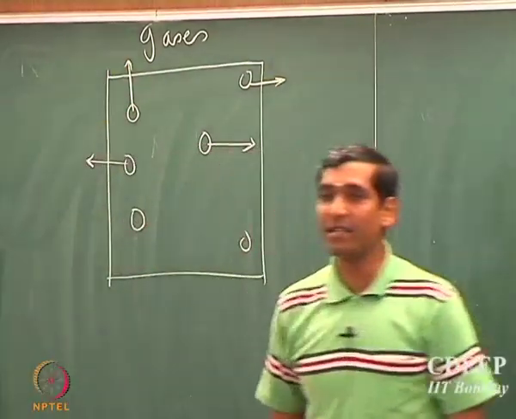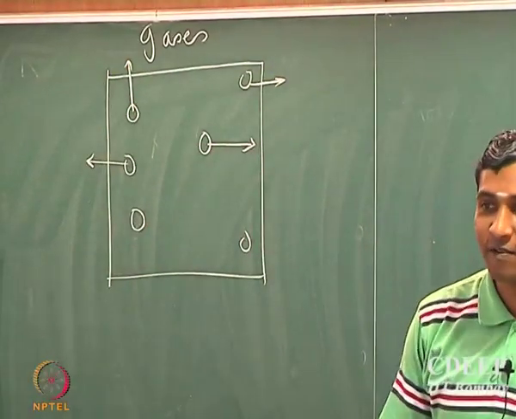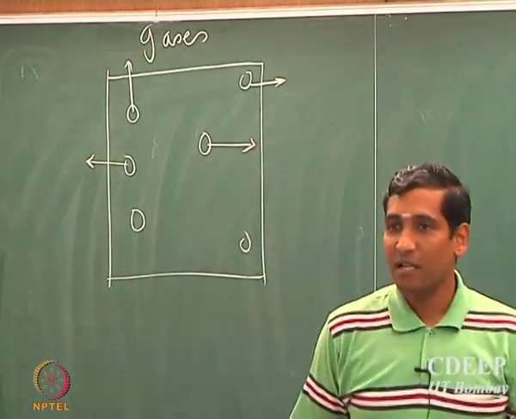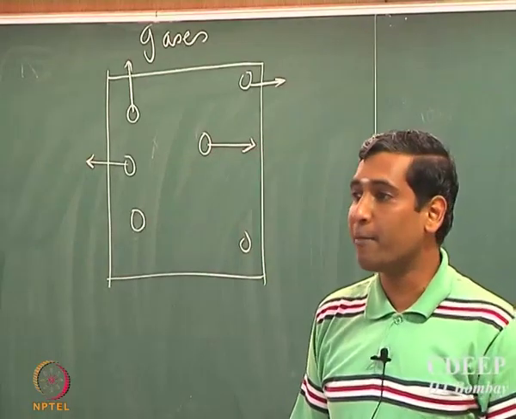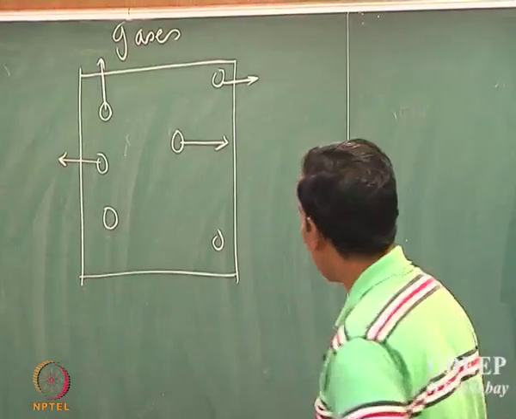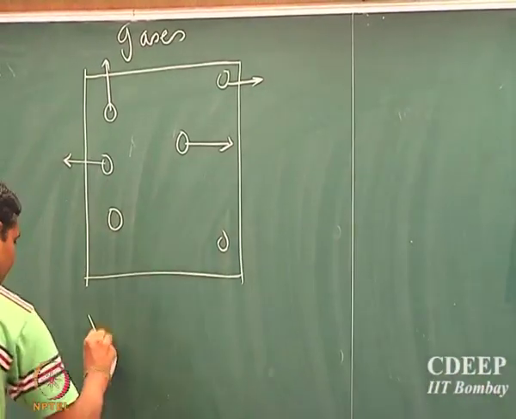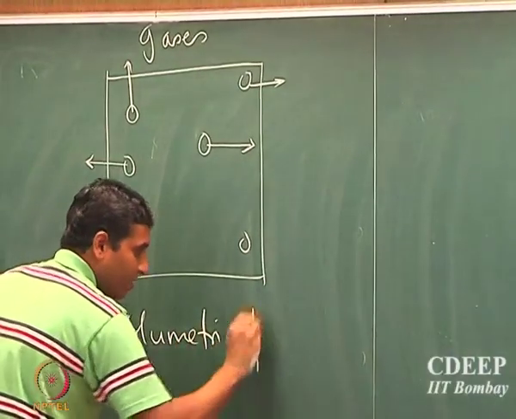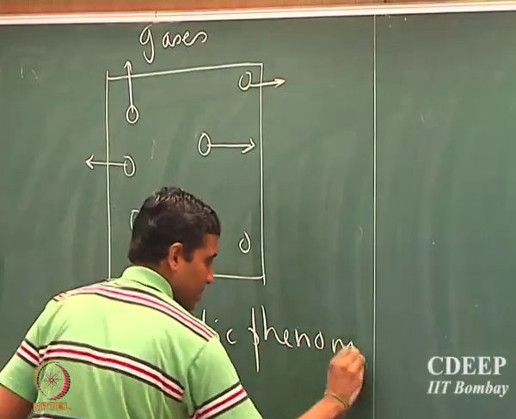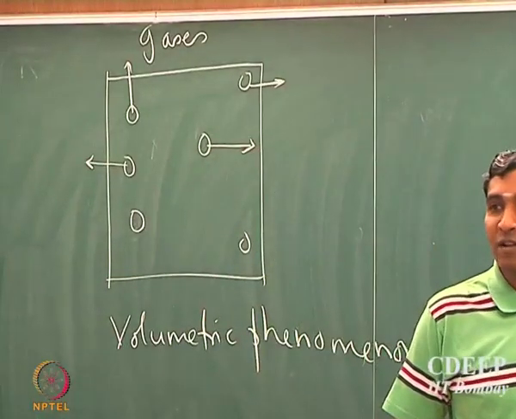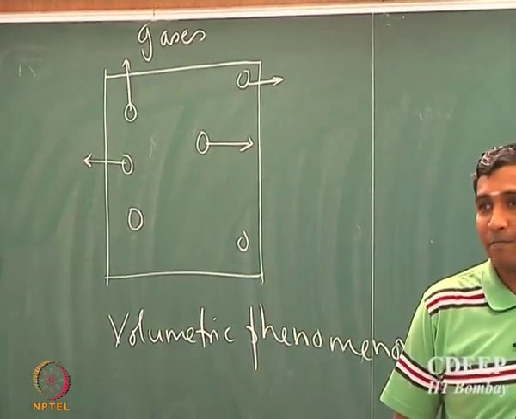Because the density is not sufficient, the radiation emitted by one molecule is not necessarily completely absorbed by the molecules around it. Therefore, in gases it is a volumetric phenomenon, while in solids or liquids it is a surface phenomenon.